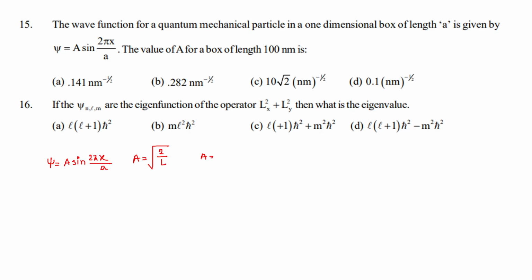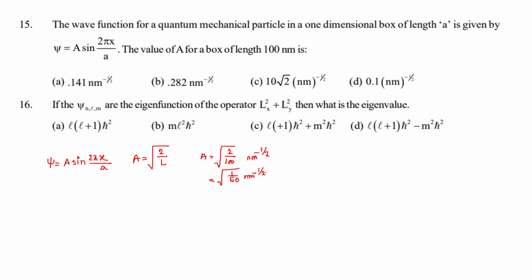So your A is root over 2 over 100 nanometer to the power minus half. So root over 1 over 50 nanometer to the power minus half. Let us see if we can finish this.